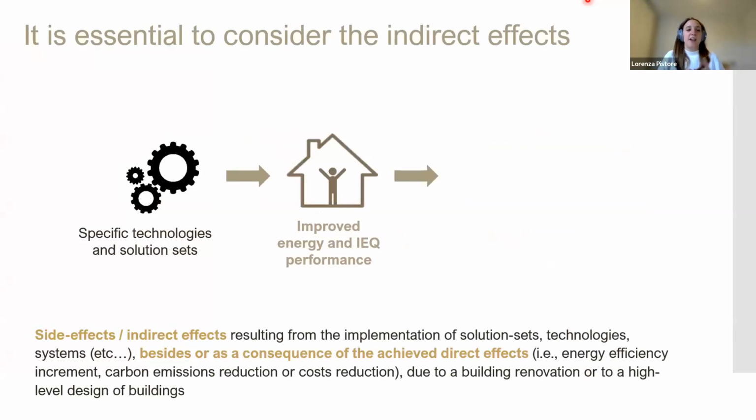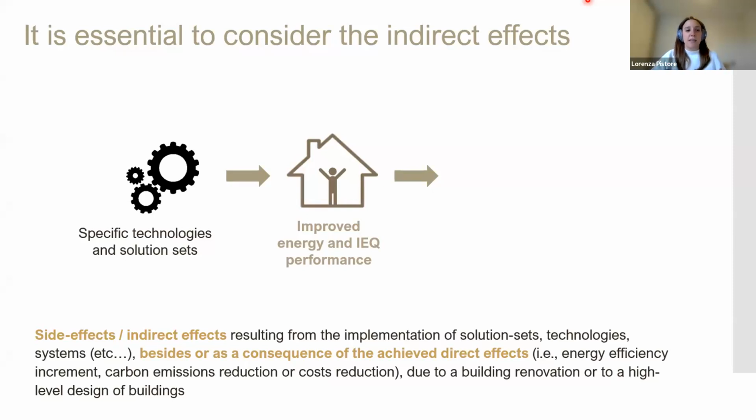So with the term indirect benefits, indirect effects, co-benefits, we address the indirect effects resulting from the implementation of solution sets, technologies, and systems, besides or as a consequence of the achieved direct effects, due to a building renovation or to a high-level design of buildings.